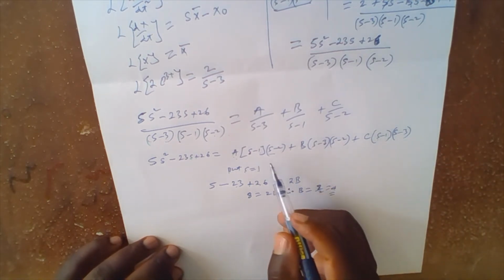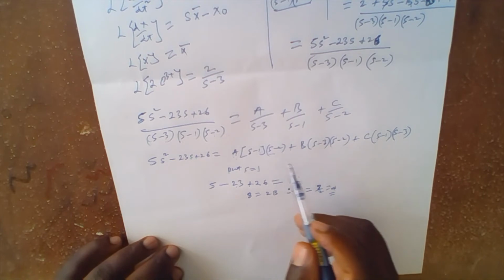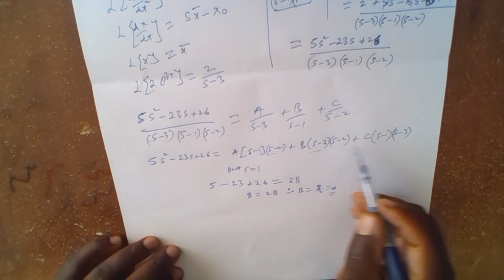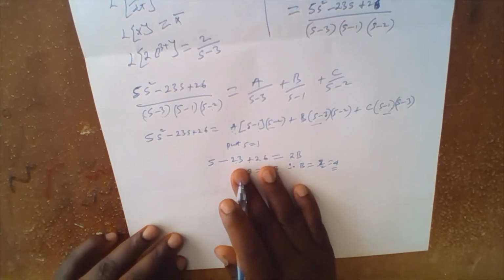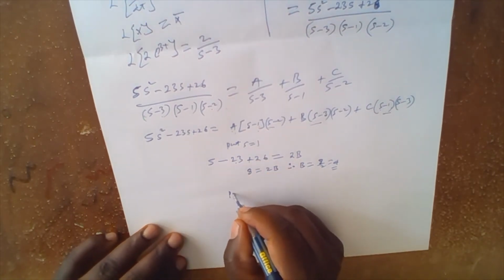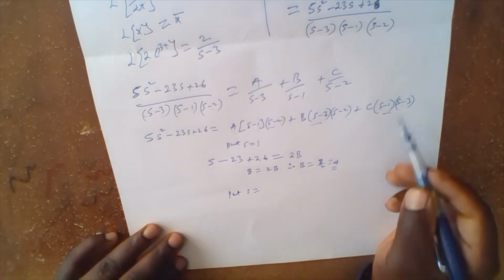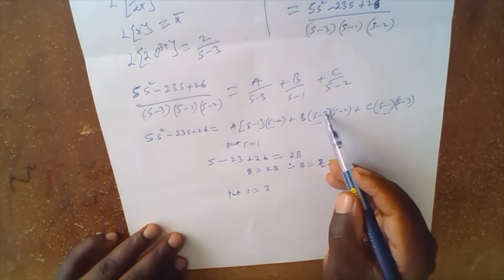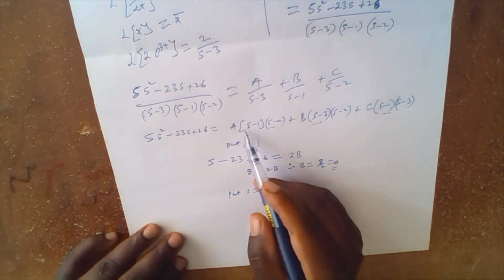So if I want to get the value of A, I want to do away with this bracket and this one, so I put s equals 3. If this is 3 minus 3, this will be 0, and this will be 0, so I remain with this.